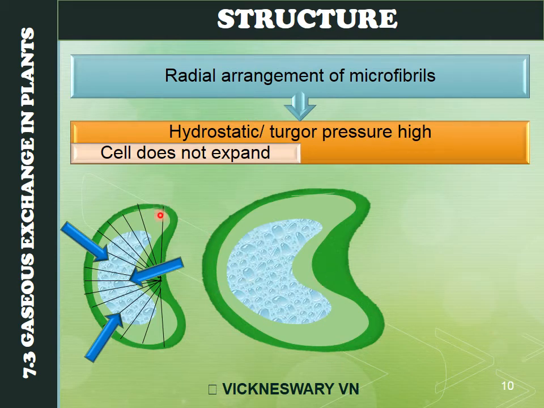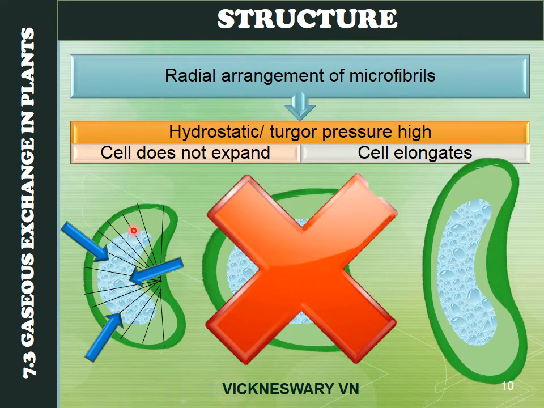Because these microfibrils are behaving like belts that are stopping the expansion of the cell. But you see, from bottom to up, there are no cellulose microfibrils. So when the turgor pressure pushes, you find that the cell can actually elongate and become longer. So this is actually good for the leaf.